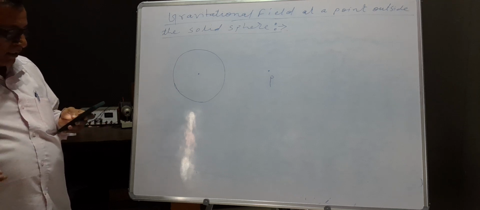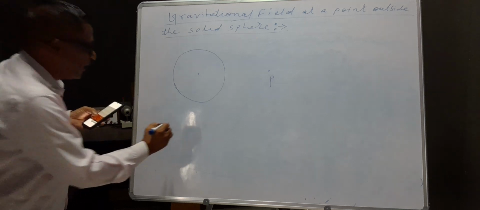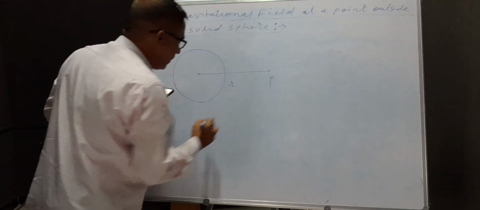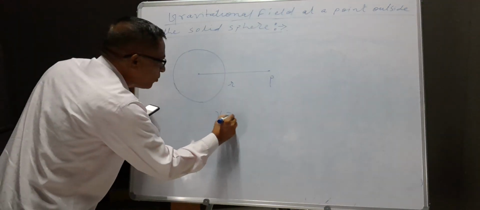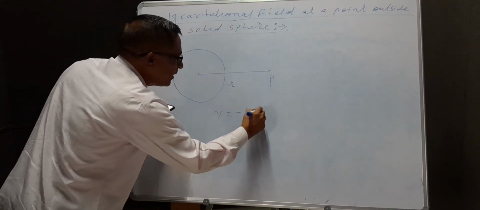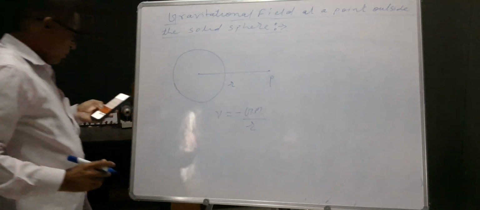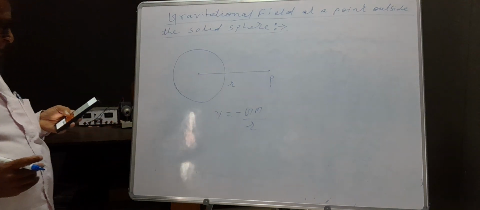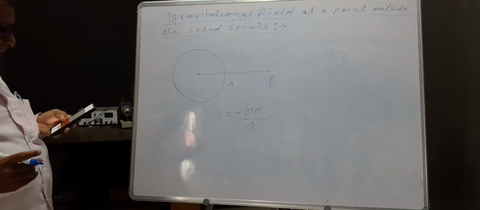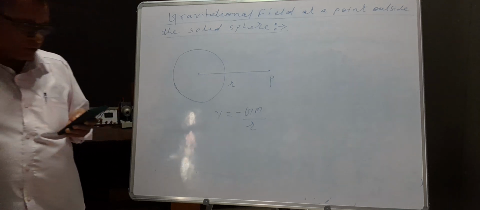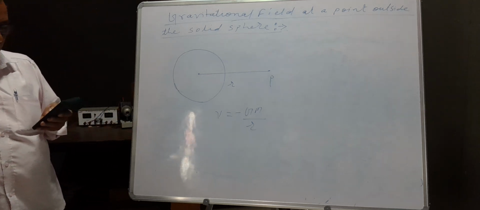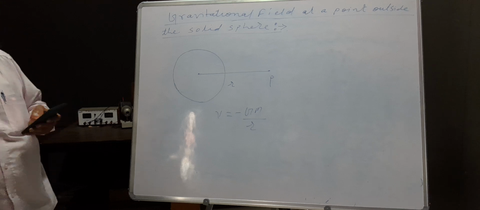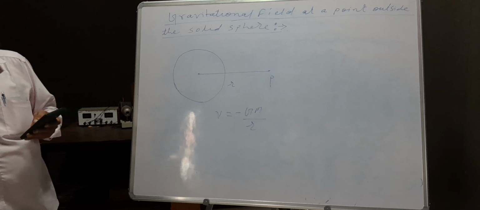We know that the gravitational potential is given by V equals minus GM upon r. From this equation we have calculated the gravitational potential. But the gravitational field due to a solid sphere at a point is equal to the potential gradient.